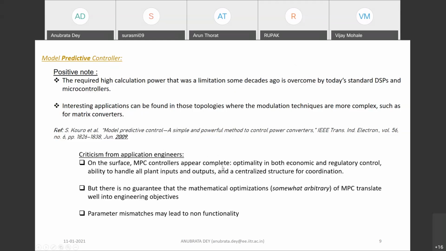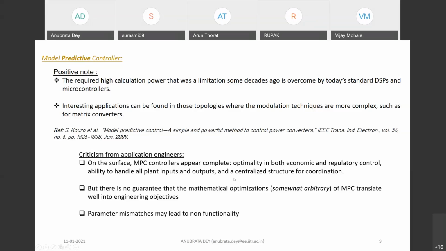But anything in this world does not come freely. It comes with some drawbacks or some cost. Some criticism is there from application engineers about the model predictive controller, or MPC. They say this controller appears to be complete, optimal in both economic and regulatory control, with the ability to handle plant inputs and outputs, and a centralized structure for coordination.